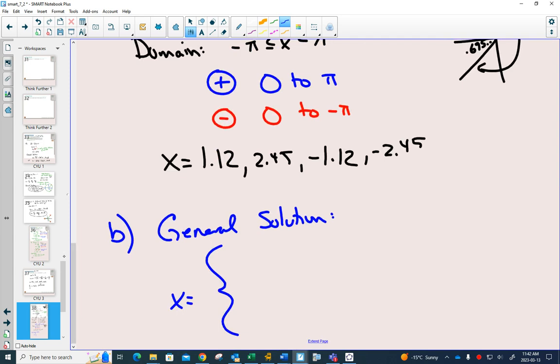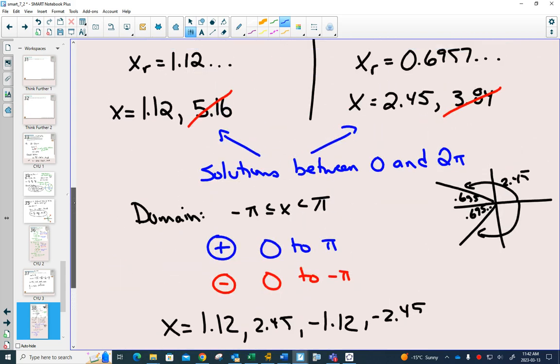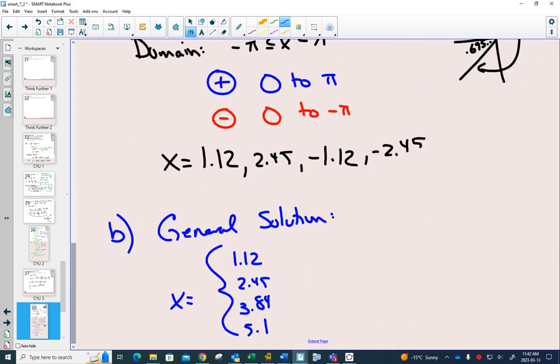The textbook likes to use the answers that they got in part A. So personally, I would use my 1.12, my 2.45, my 3.84, and my 5.16. Those are my answers between 0 and 2 pi. Write all of the coterminal angles with them.